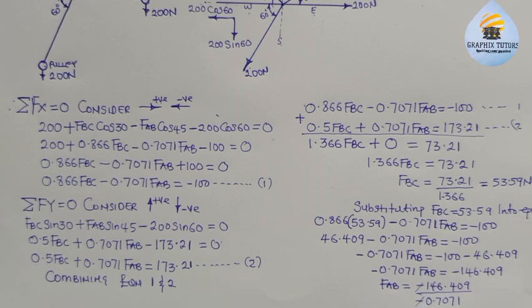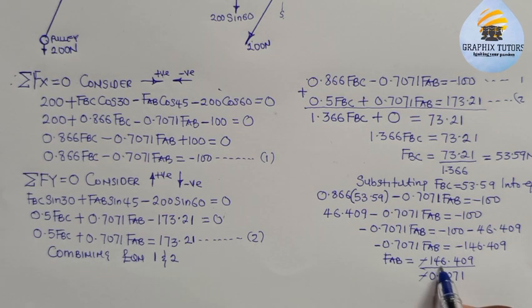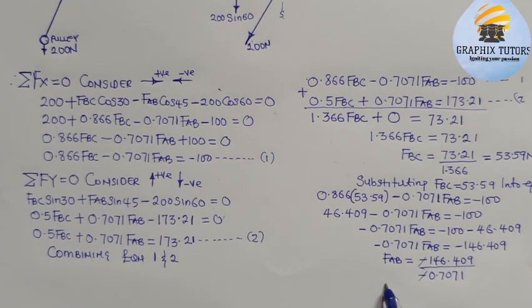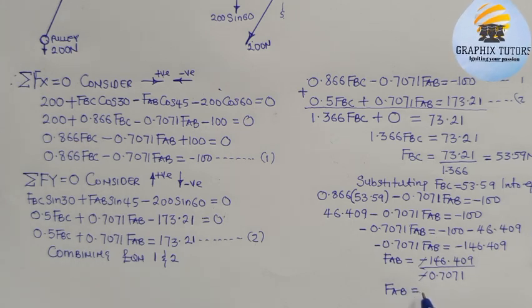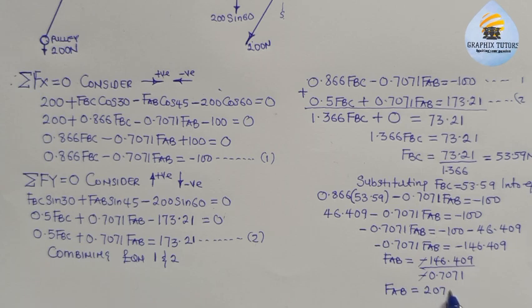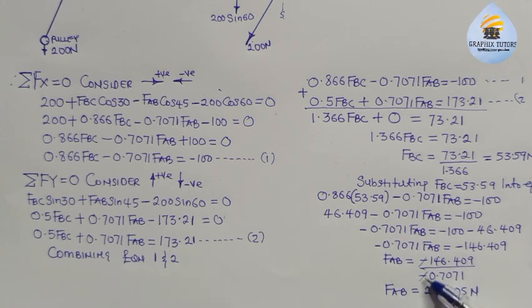Now when you divide 146.409 by 0.7071, my FAB here will now be equals to 207.05 Newton. So we've gotten my FAB and we've gotten my FBC.